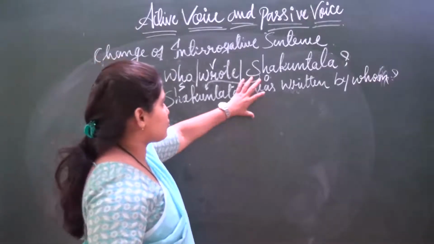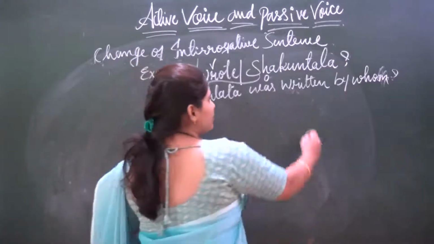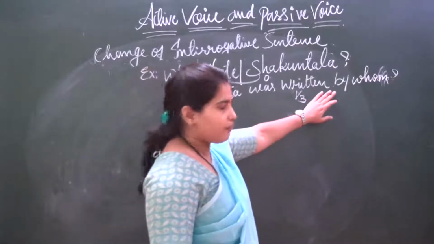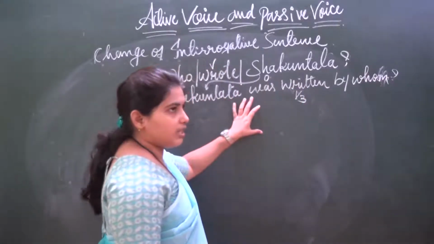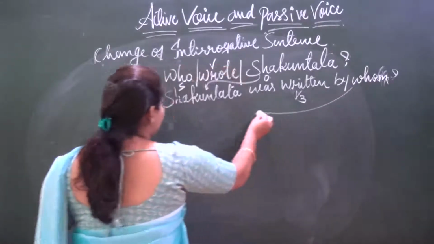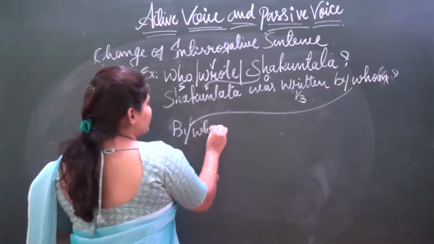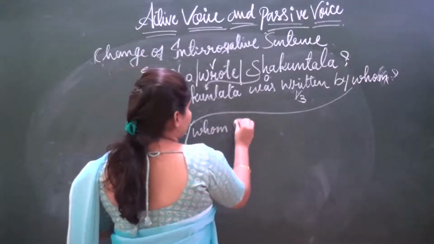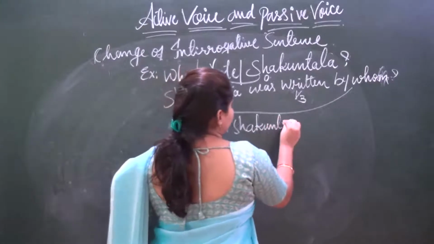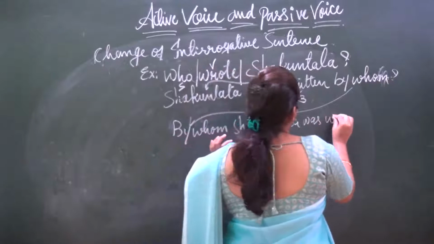As per the rules, you should use the appropriate auxiliary verb and the V3 form, the third form of the verb. Use the preposition by. So after converting it, you should change again. Just place it: by whom Shakuntala was written.